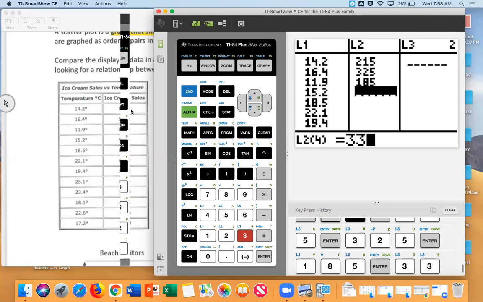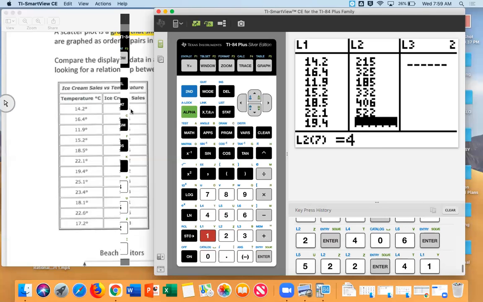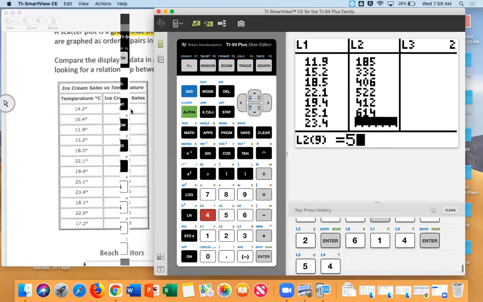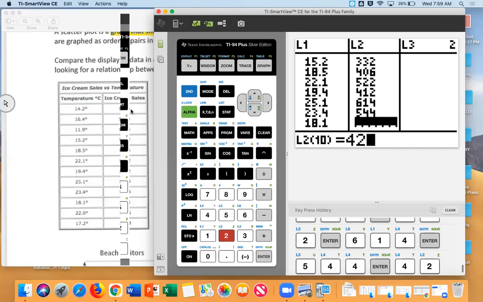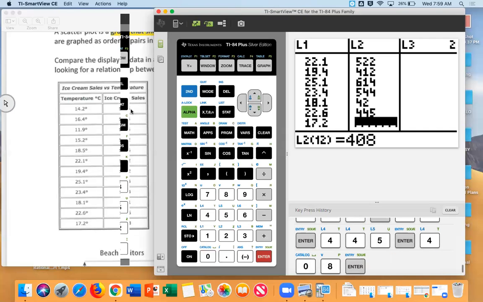So I'm going to enter in all of my information in that second column into the second column. All right, make sure your columns are the same length, because if they're not, it means you missed one of them.